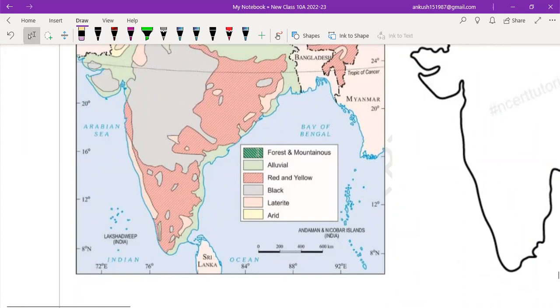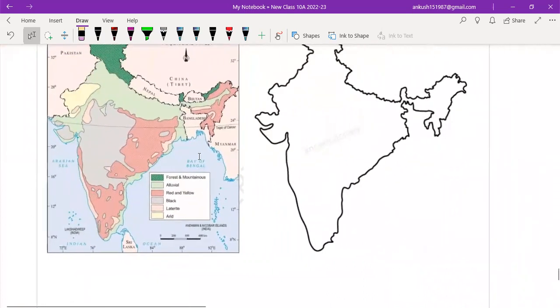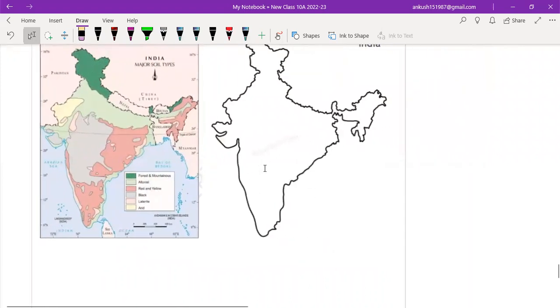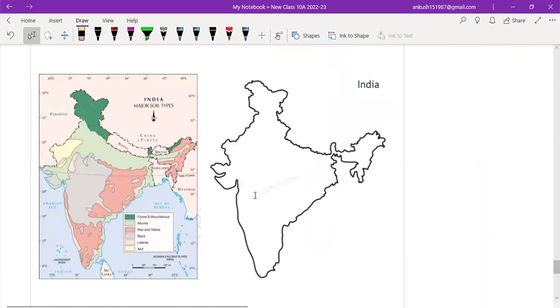Forest and mountains where there is green, alluvial, red and yellow soil, black soil, laterite and arid. See beta, whenever you are going to indicate the soil over there, you will have to give that index properly, and for that you need to show the particular soil with the particular pattern or shadow on the map, otherwise it will not be considered.